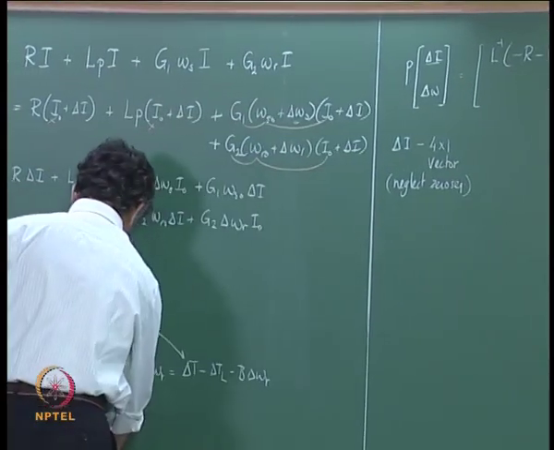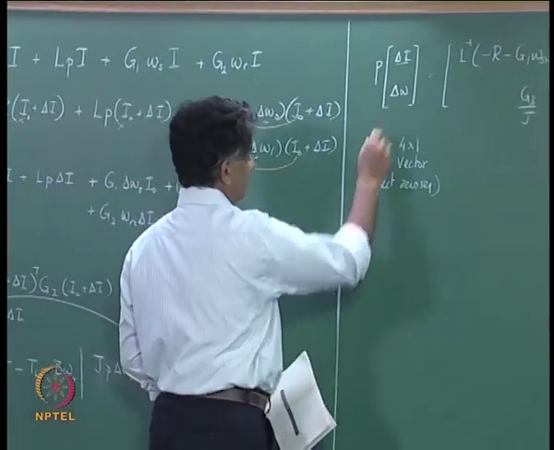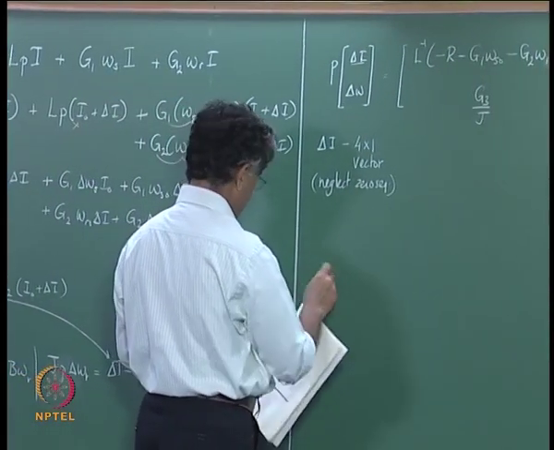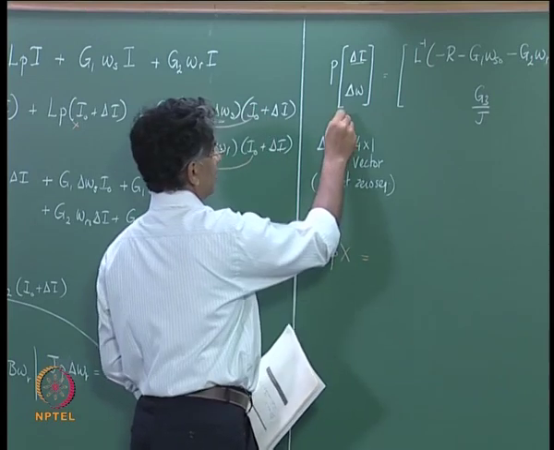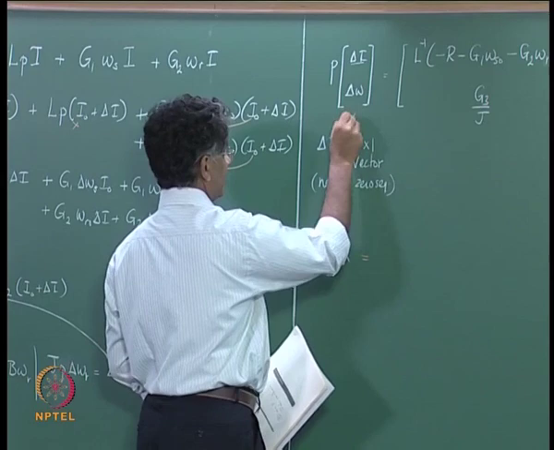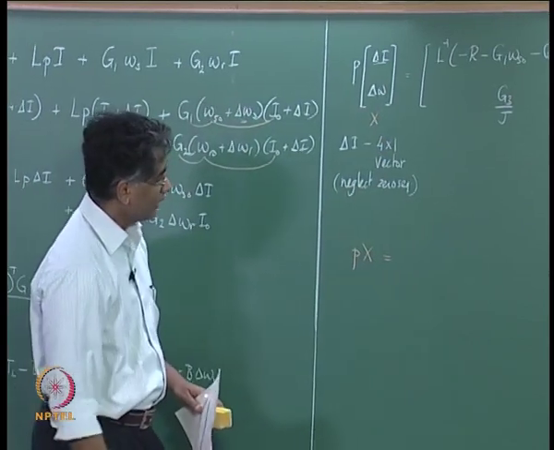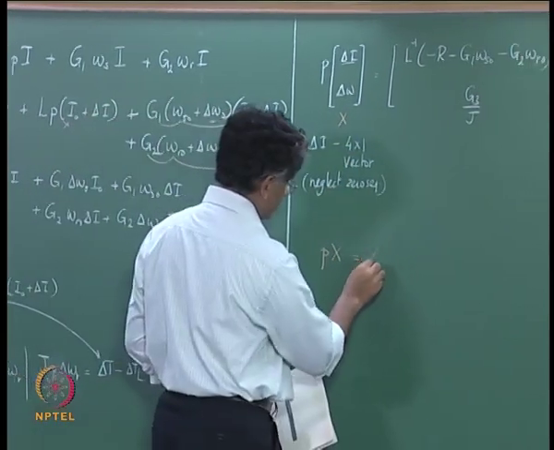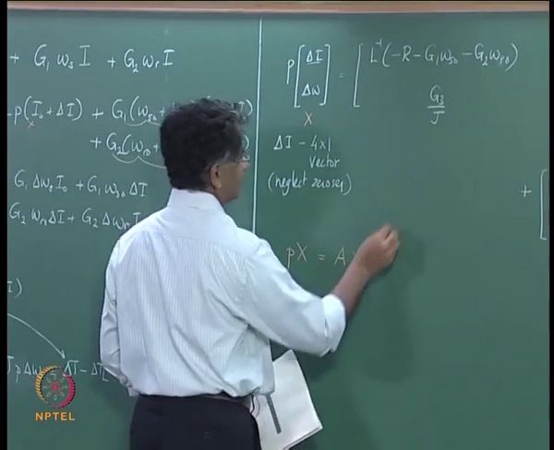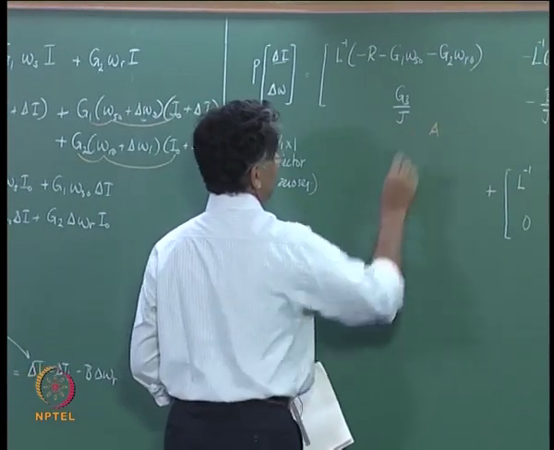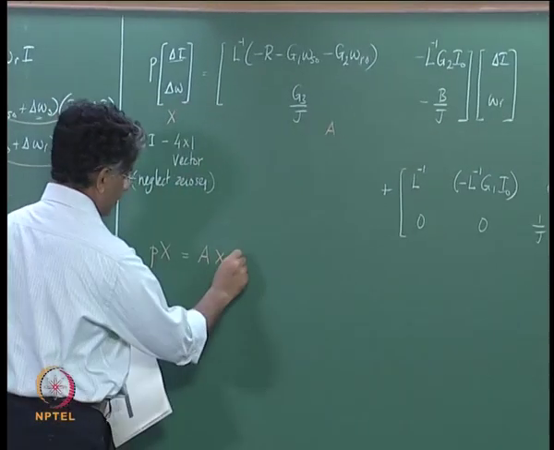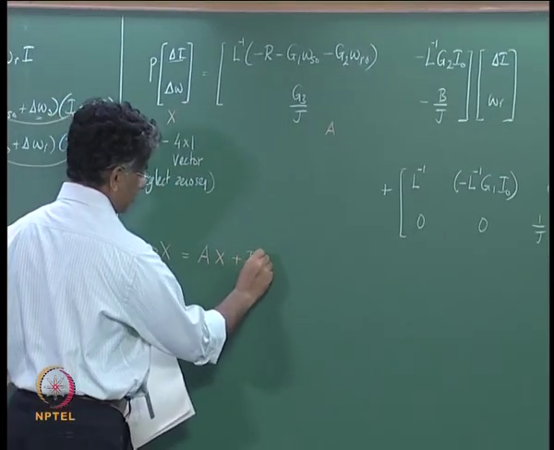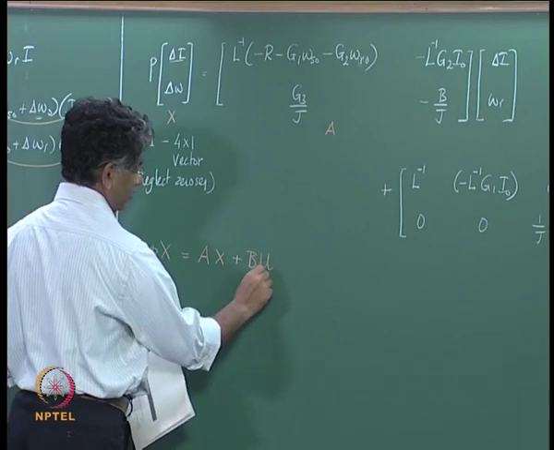So, here you have the state vector, which can be written as P times x if you describe this as the state vector x, that is then equal to A times x, where this matrix is A and that is your state vector x, plus B times the input vector u.